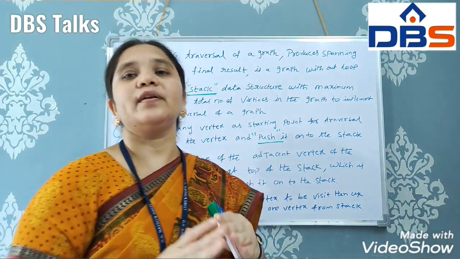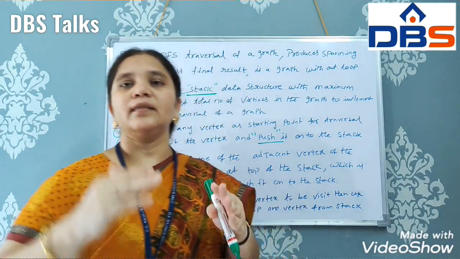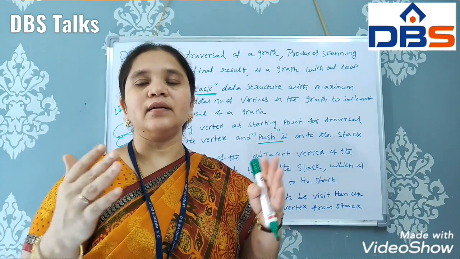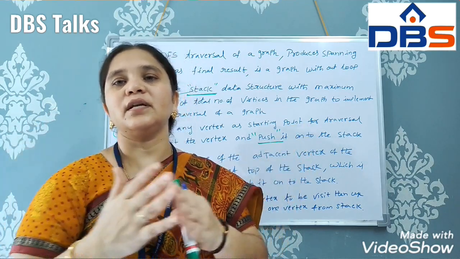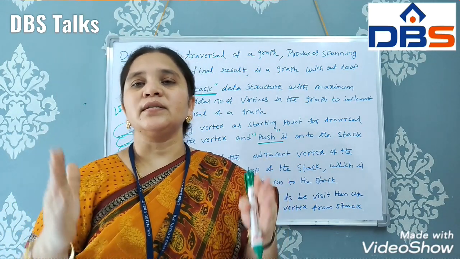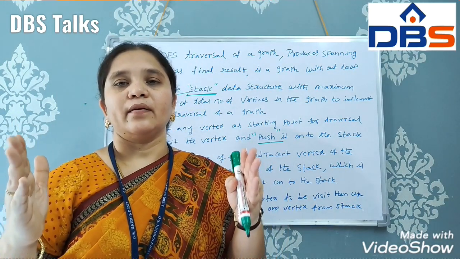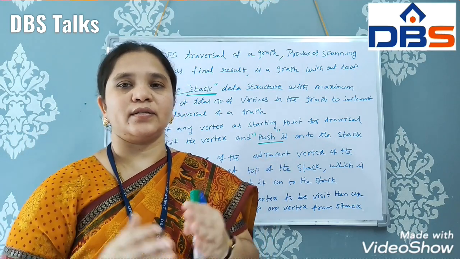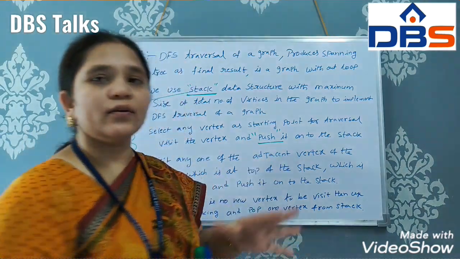That is the main difference between BFS and DFS. In BFS we insert all adjacent unvisited vertices of a particular vertex, whereas in DFS we consider only one edge, not all edges of a particular node.